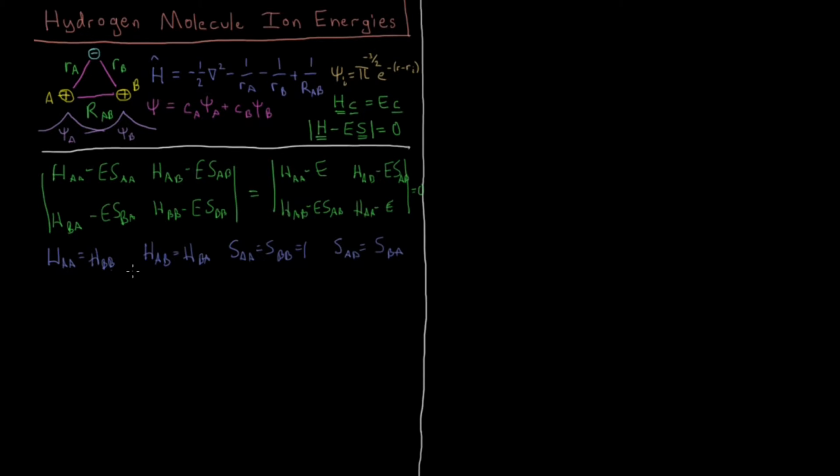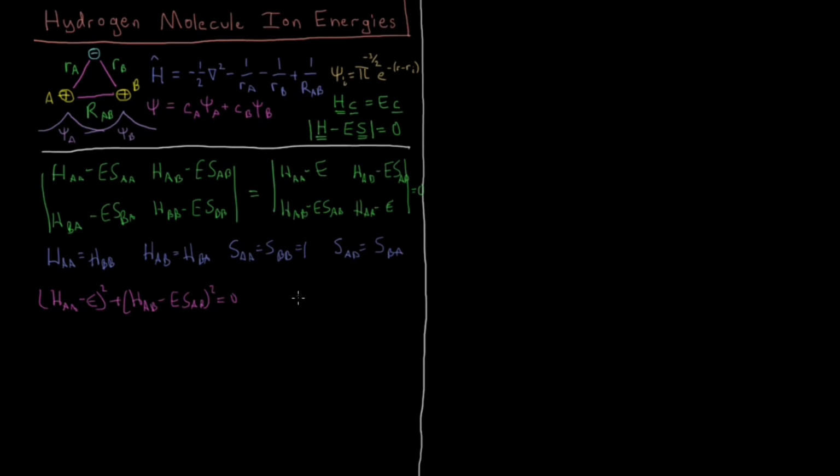So expanding that out, you get the following expression. You're going to have HAA minus E squared plus HAB minus ESAB squared equals 0, because you're going to have this times this minus this times this. That's how you do a 2 by 2 determinant.